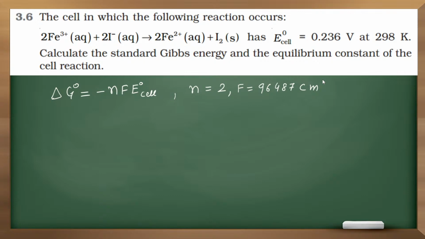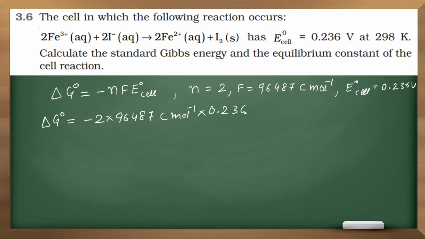Okay, and then E0 cell is also given to you, 0.236 volt. So just put the values in this equation. So delta G naught is equal to minus 2 into 96487 coulomb per mole into 0.236 volt. So coulomb volt is joule.